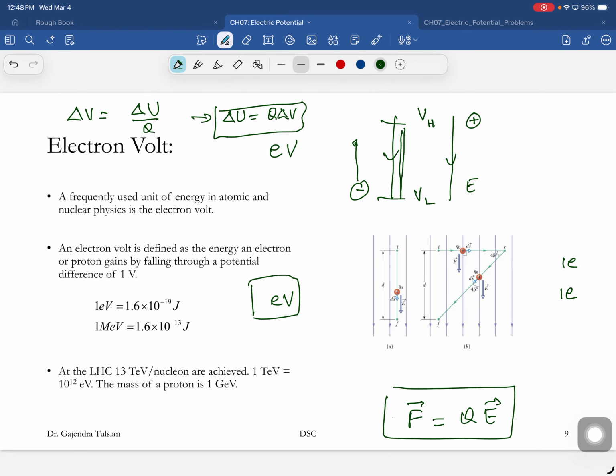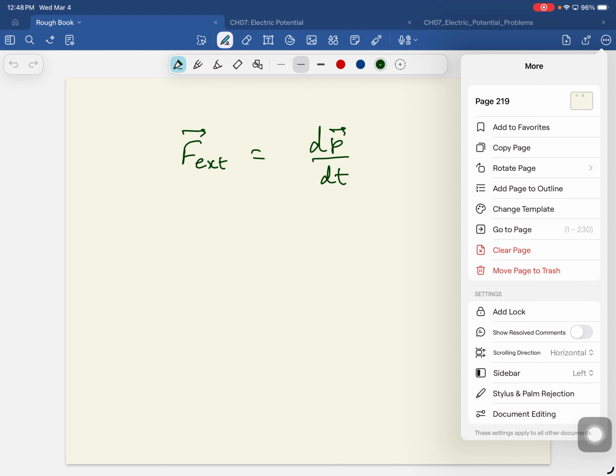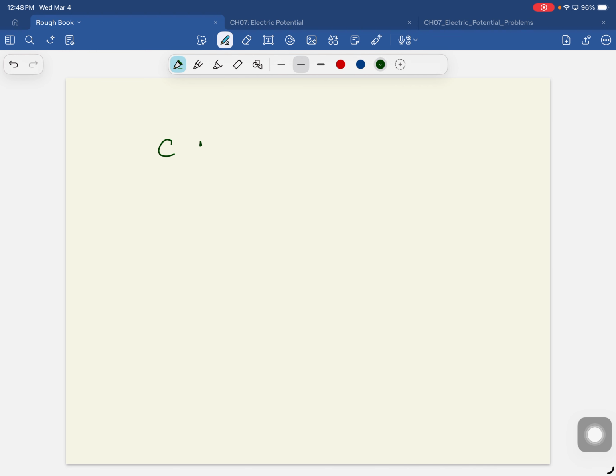So, for instance, when you burn carbon, ask ChatGPT this question, it releases about 4 electron volts of energy.